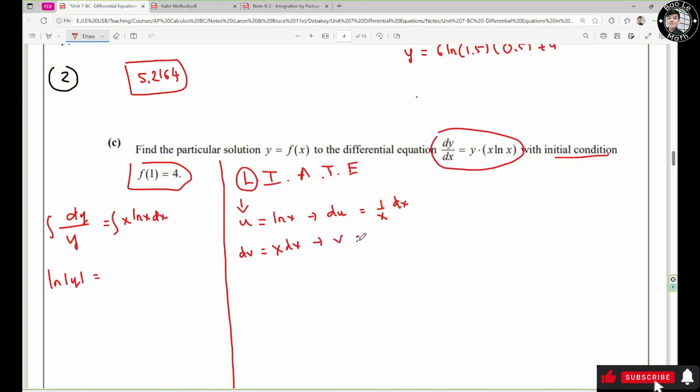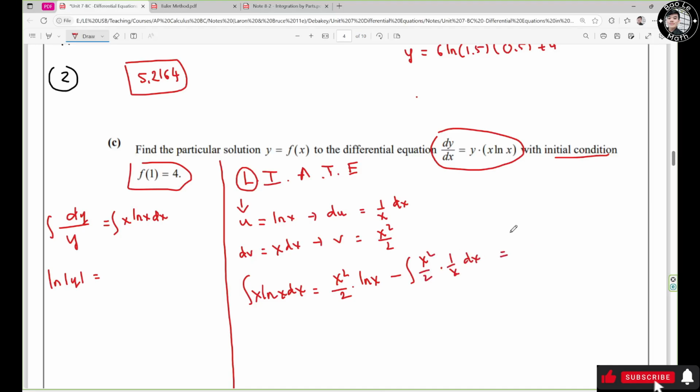Then we have v equals s squared over 2, right? So we have the antiderivative of s natural log of s ds equals u times v, which is s squared over 2 times natural log of s, minus the antiderivative of v du, which is s squared over 2 times 1 over s ds, right?